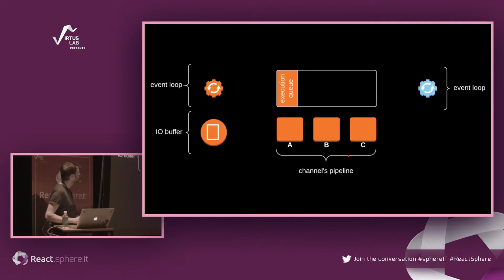Let's see this in action. So we have the event loop that owns the channel. You have the buffer, you have the pipeline, the steps that will be executed for a request. You have a special queue by which other threads can communicate with this thread.